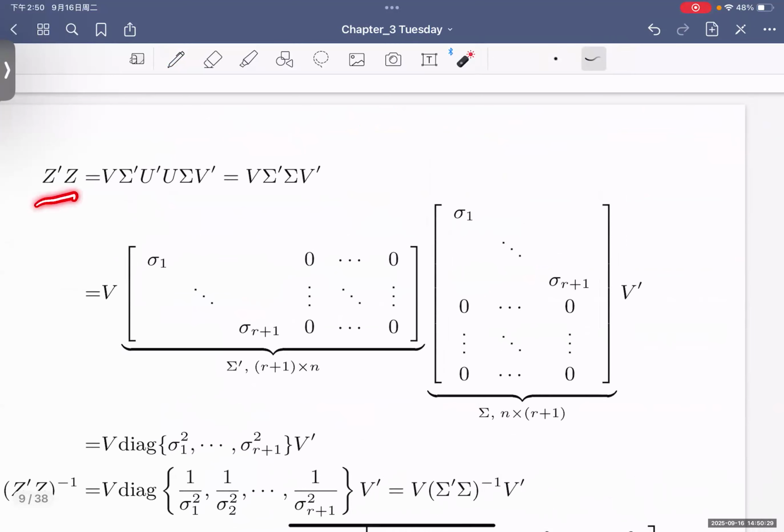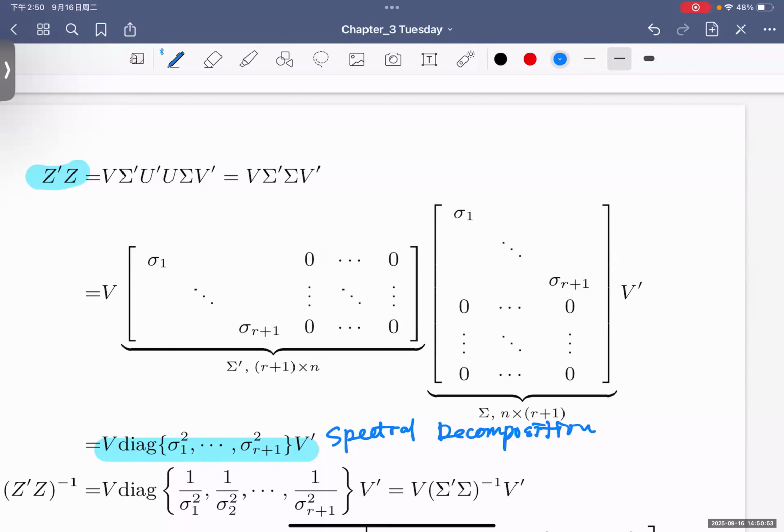So Z transpose Z is V times the diagonal times V transpose. This is a form of the spectral decomposition, and sigma 1 square to sigma r plus 1 square exactly match the eigenvalues, lambda 1 to lambda r plus 1.